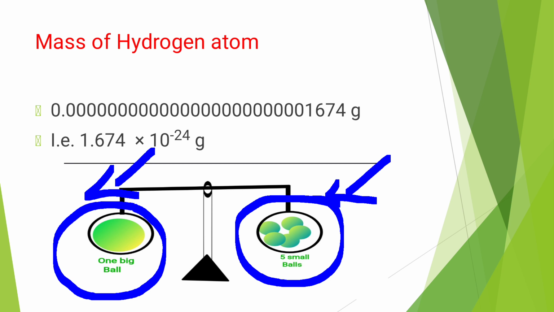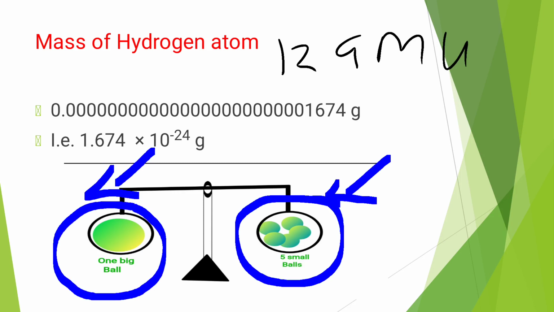The same way in chemistry, since 1961, the reference atom to measure the masses of other atoms is taken to be carbon-12. Carbon-12 is usually assigned 12 atomic mass units.